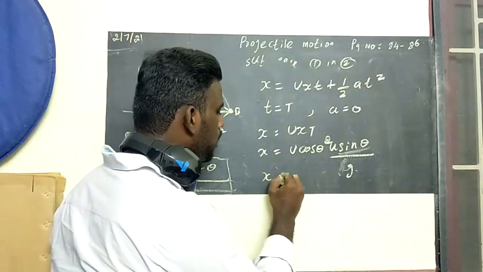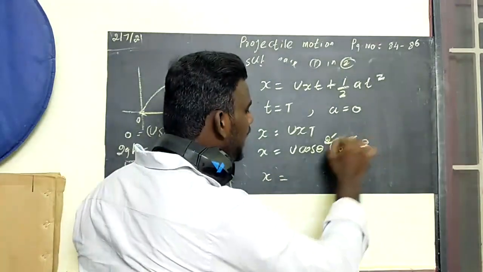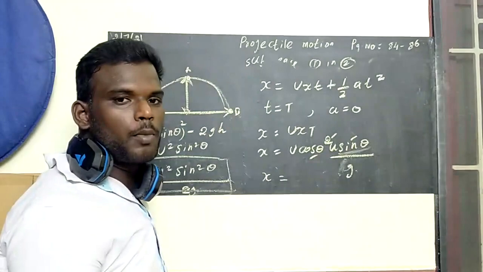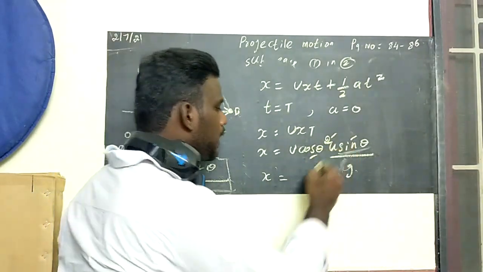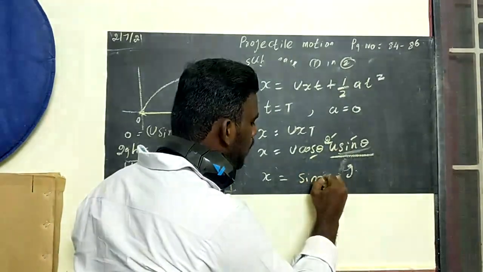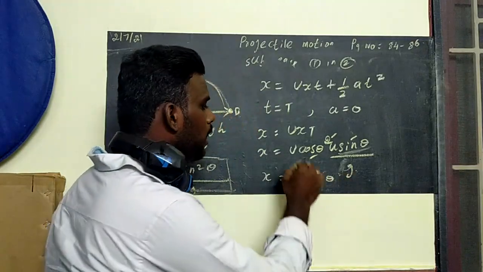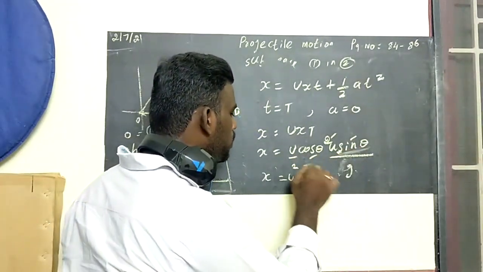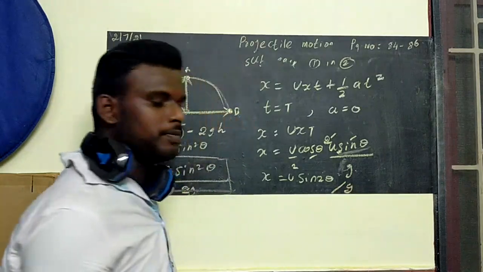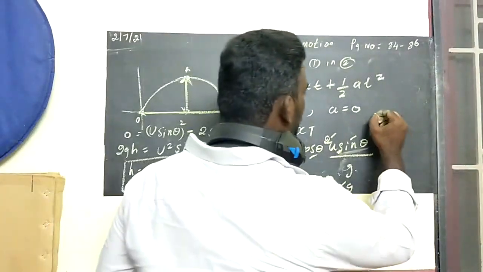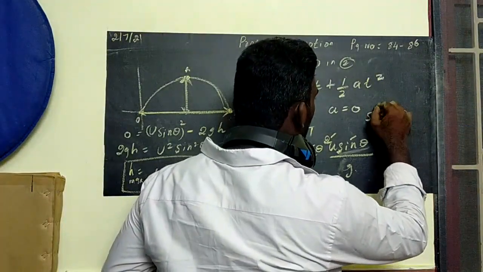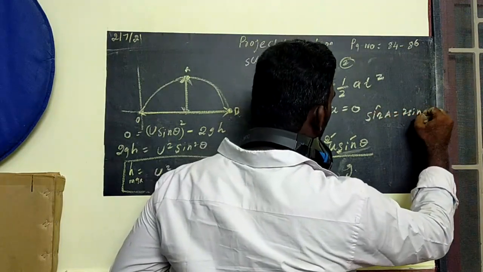So from this you can look at the formula. It is in the form of 2 sin a cos a, so I can write that as sin 2a. So I put sin 2 theta, and u square divided by g. Is that clear? Because we have the formula sin 2a = 2 sin a cos a.